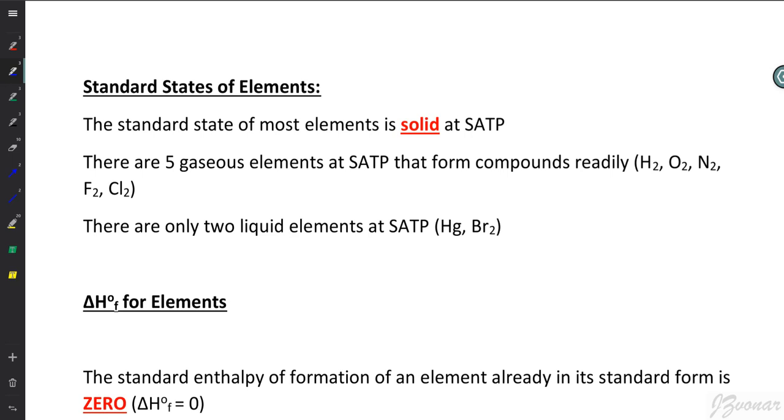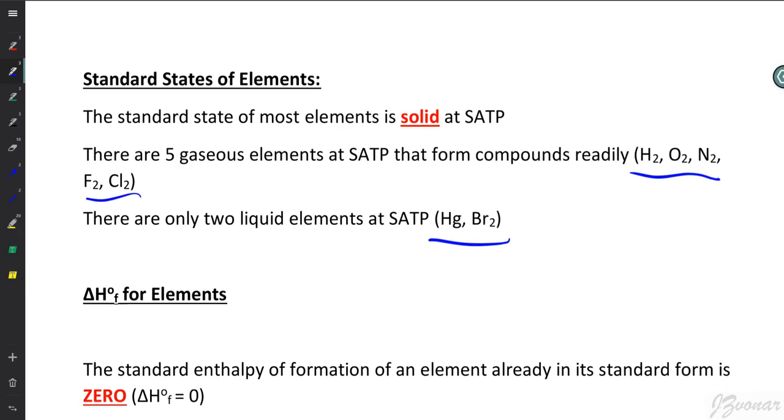And 2 of them are liquids, so you need to recall that. So these are the ones that we need to know that are gases, and these ones are liquids. All others that we find on the periodic table are solids at SATP. So that's very important to realize.